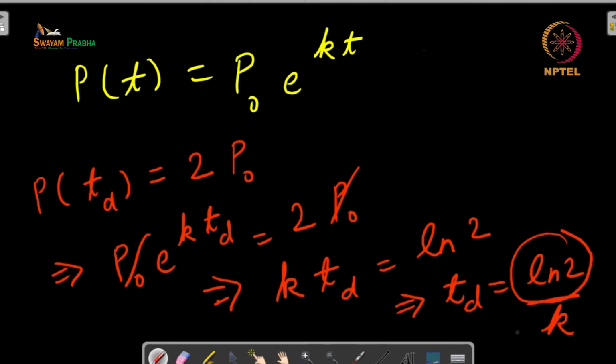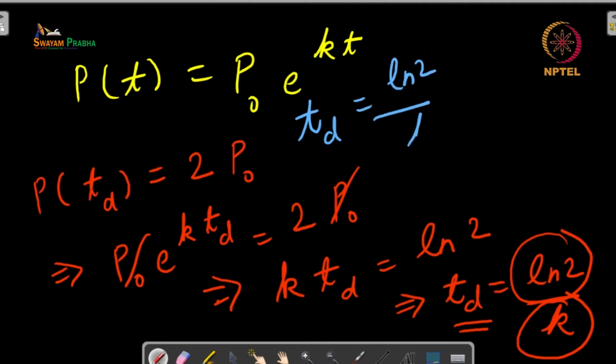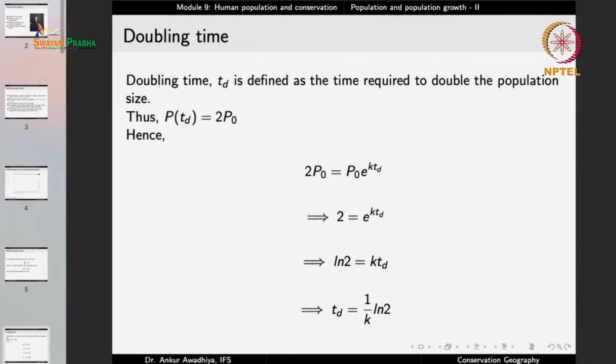Now log 2 is a constant, k is a constant, and so TD is a constant, which is what Malthus was also saying, that we have a fixed doubling time and that is 25 years. So if we go with Malthus, TD, which is log 2 by k, is 25 years.